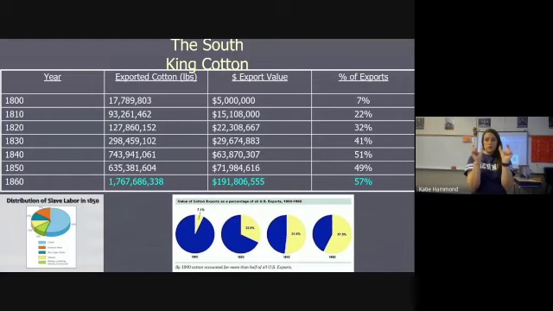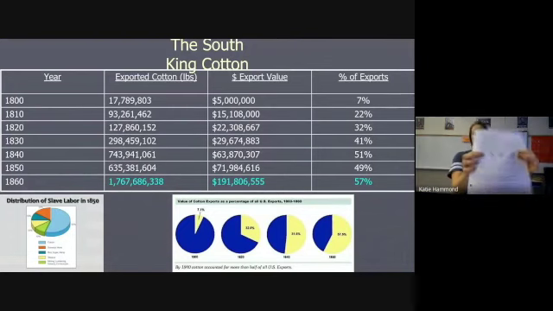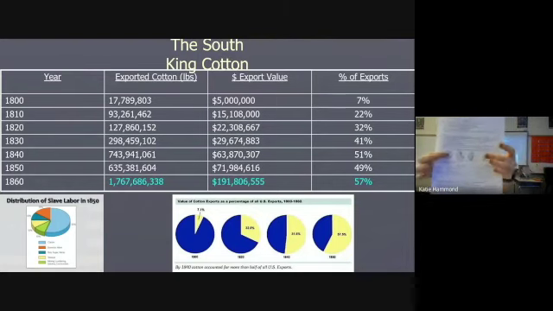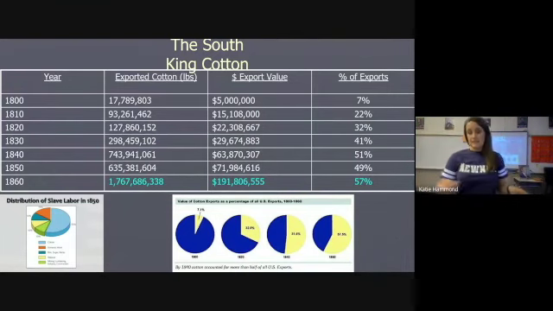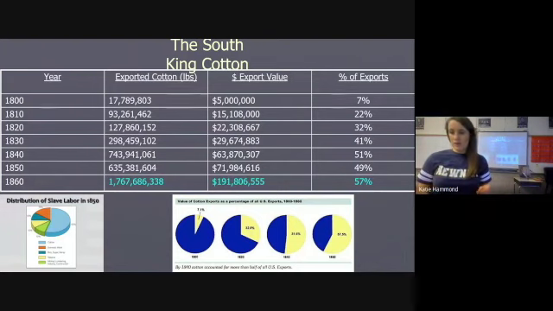So what I would suggest is, in this little box right here, draw two circles. Is it called a pie chart? I know it's been a while for me. You see it says 7% right there. Have one circle that represents 7% being cotton in 1800. And then just draw this one right here, which is showing you 57% in 1860. Don't worry about drawing four circles.